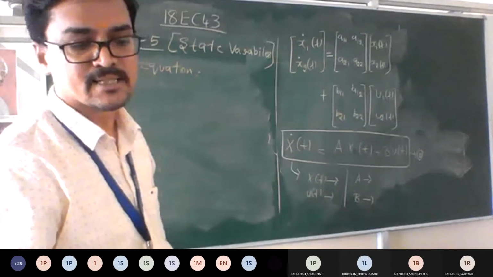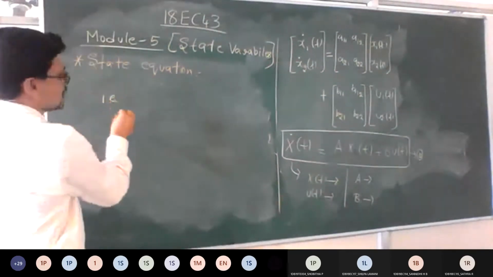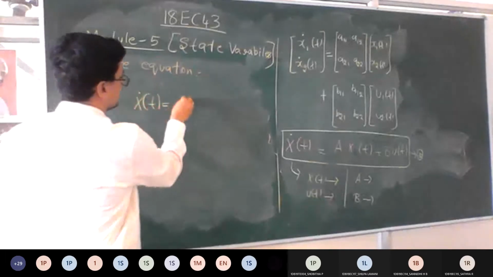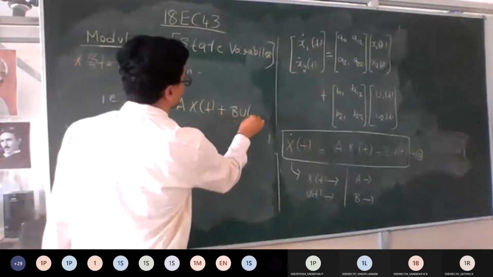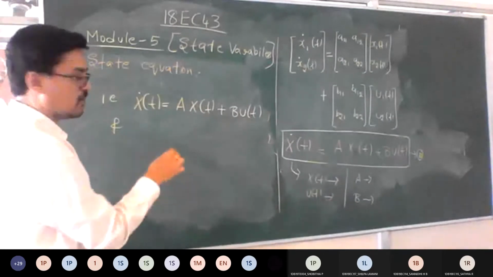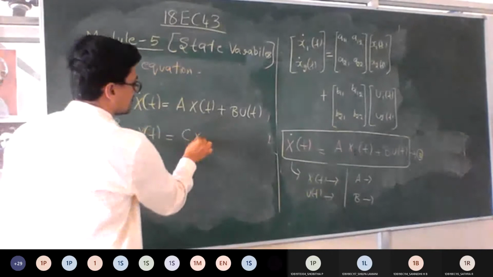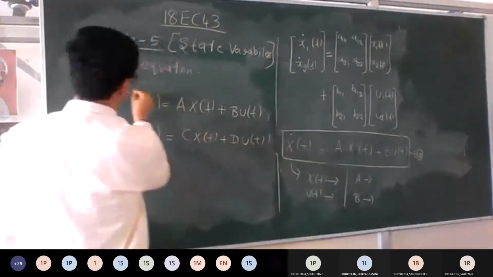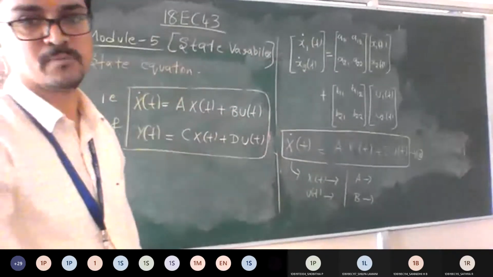That is, x dot of t is equal to A x of t plus B u of t. So this is equation number 1, and you have one more equation. Do you remember what we wrote? It's y of t, right? y of t is equal to C x of t plus D u of t. So this is what you need to analyze to solve the problem.